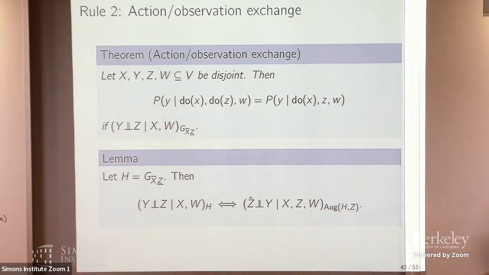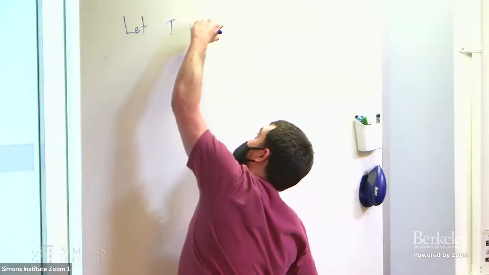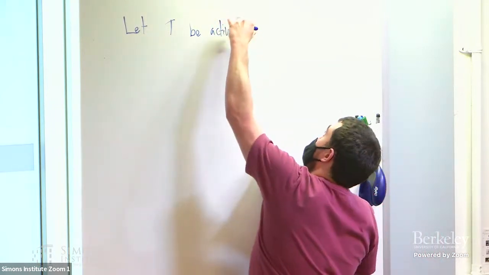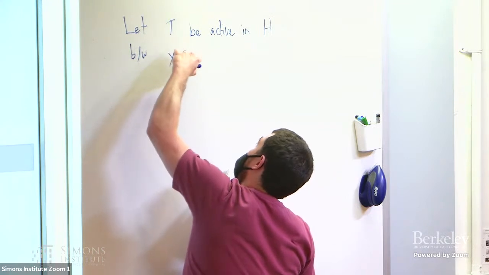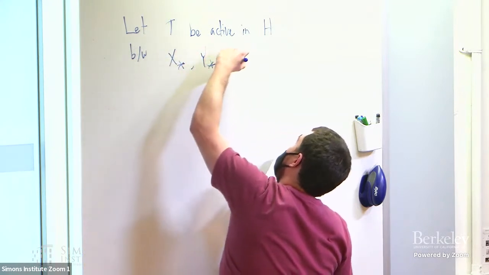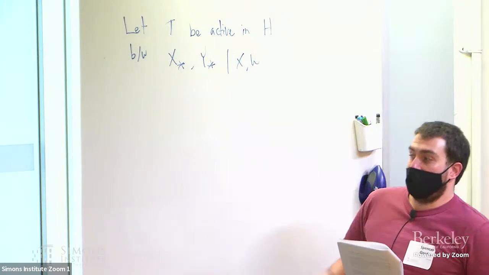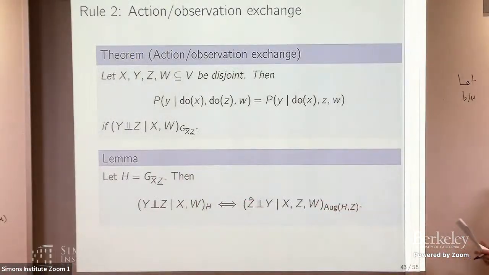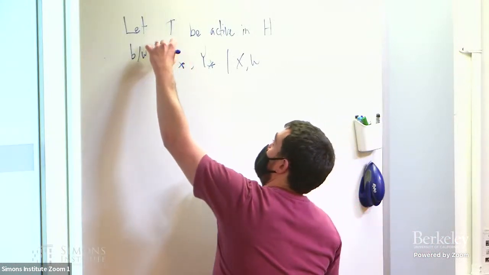Let's say we have an active trail T in H between some X star and some Y star, given X and W. We now want to find an active trail in this augmented graph between Z hat and Y. Sorry, this should be Z star. By Z star, I just mean some arbitrary element of Z.